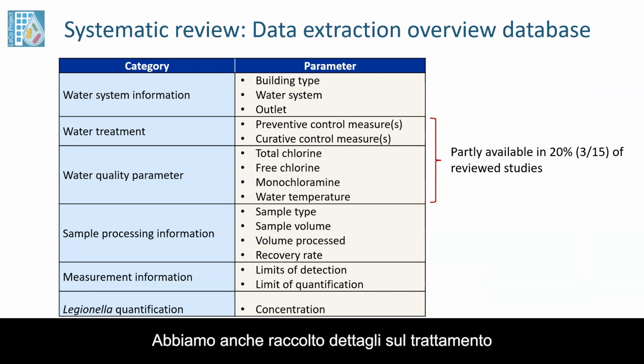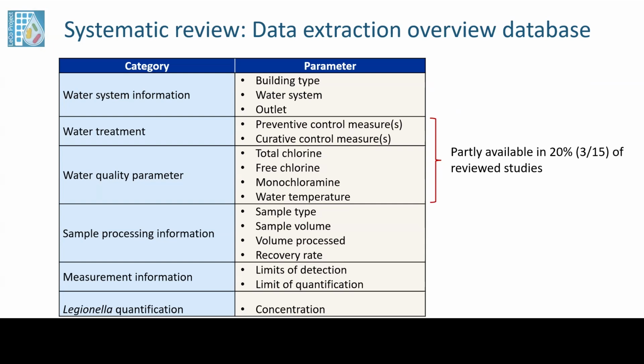We also collected details about sampling processing and measurement performance, like sample volume, recovery rates, and detection limits. However, some information, especially about disinfection treatments, was only partly available, being reported in roughly 20% of the papers. This gap introduced some uncertainty when we tried to link environmental conditions to the qPCR to culture relationship.